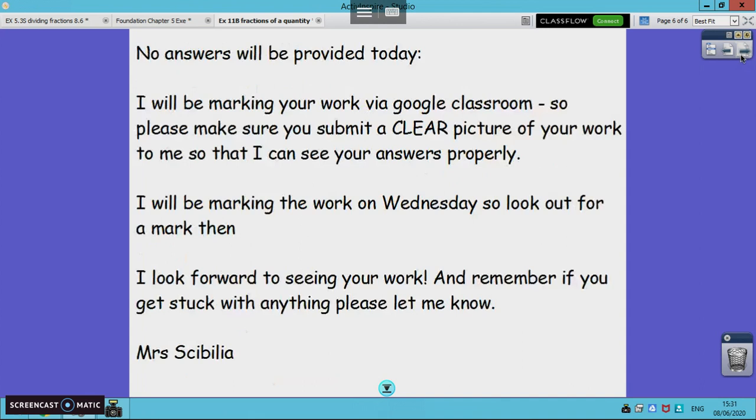I'm not submitting any answers with these because I'd like to actually look through your work and give you a score myself rather than you marking it yourself this time. So please make sure that your picture is as big as you can make it so that I can clearly see your answers for that exercise. If it's not clear, I would probably ask you to upload a better picture, otherwise it's going to be really hard for me to see your work.